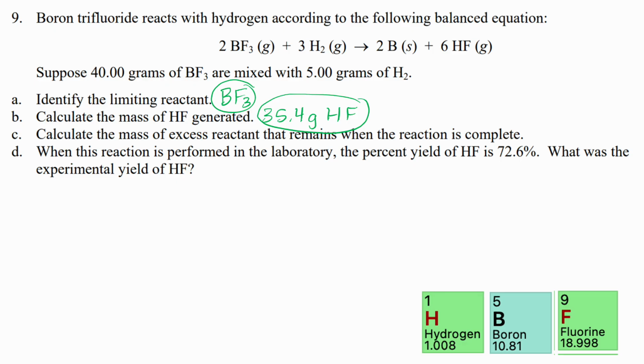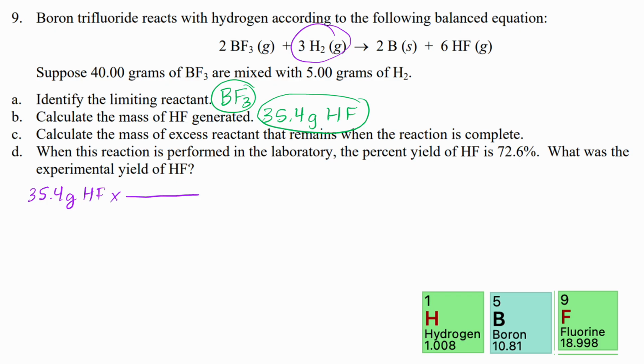We also know that H2 is going to be left over. So by using our 35.4 grams of HF, we can convert into amount of our excess reactant, and that's going to tell us how much was used up to make that 35.4 grams of hydrofluoric acid. So let's start there. We're essentially going backwards into H2, which is our excess reactant.